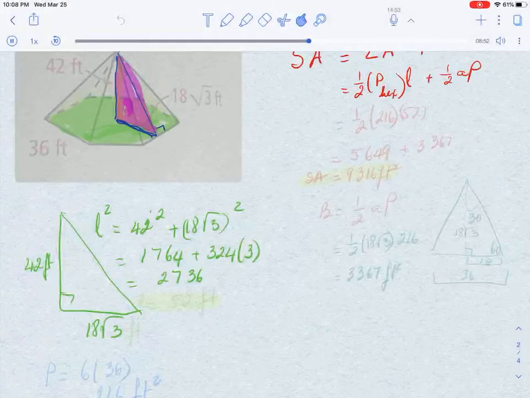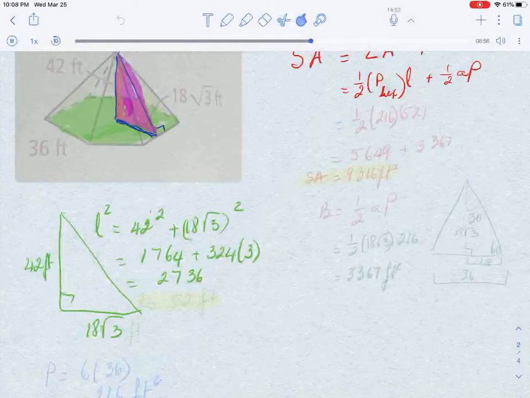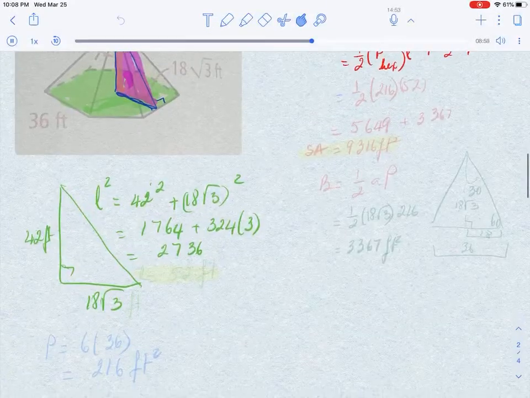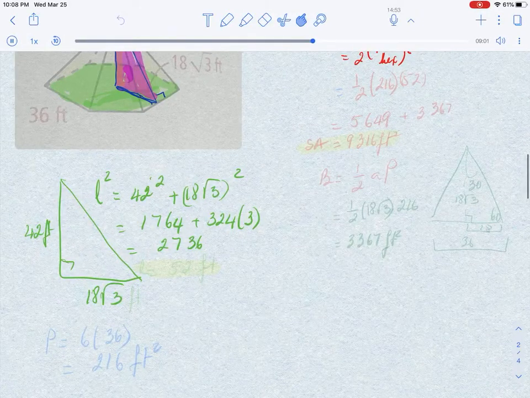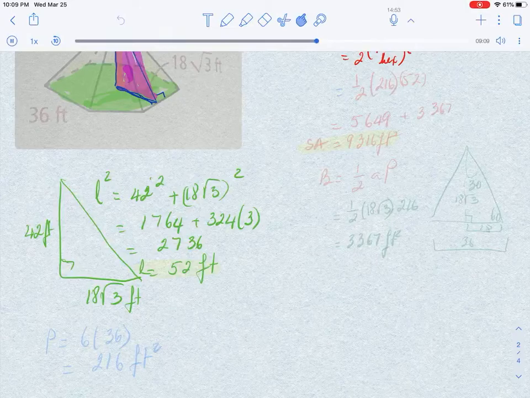Take the square root of that. They asked me to round to the nearest foot, so that should give me about 52 feet. So my slant height is that.